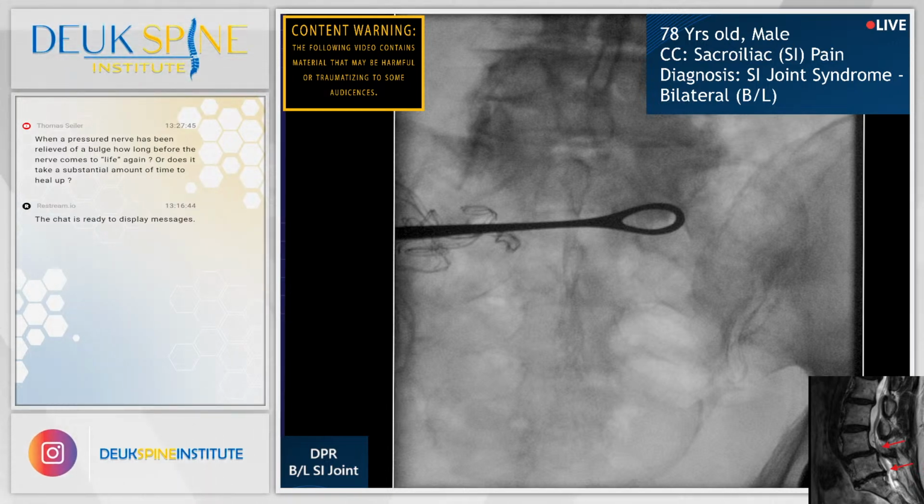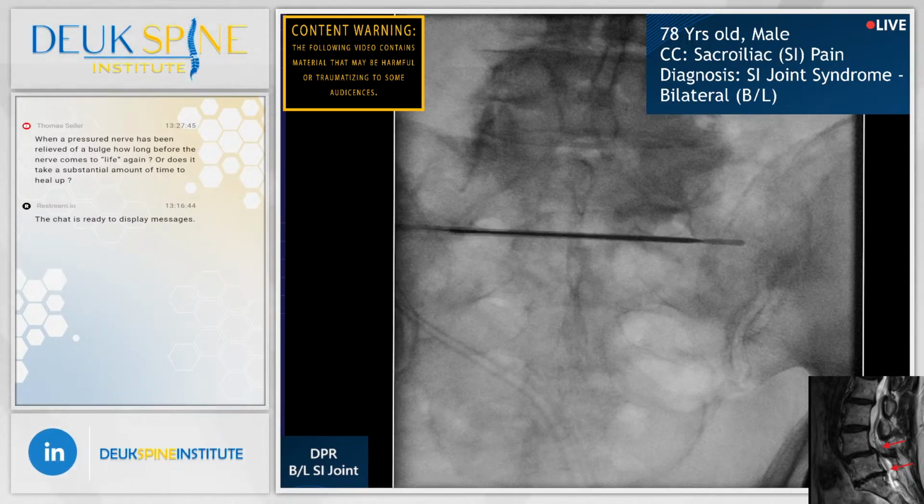Again, I'm dealing with a calcified ligament here. That's what we're encountering. There's a ligament that holds the sacrum to the iliac bone, the sacroiliac ligament.